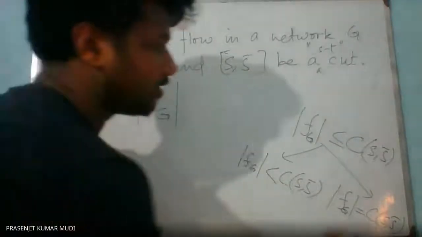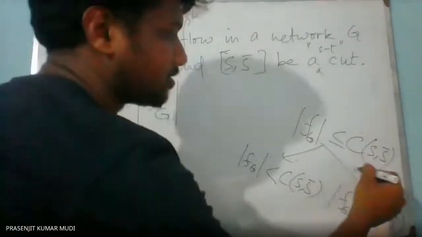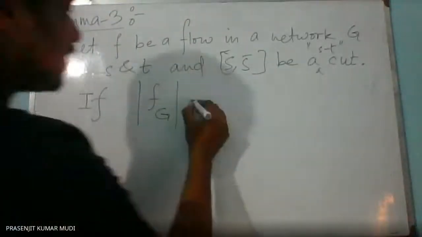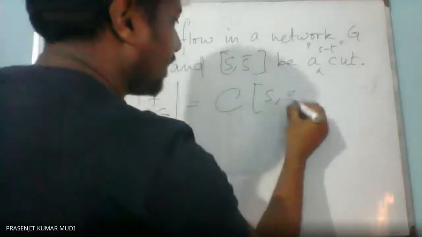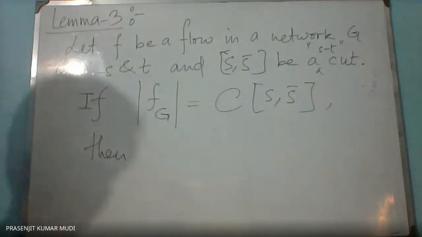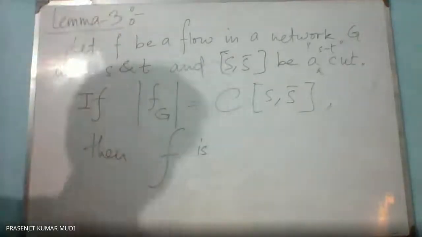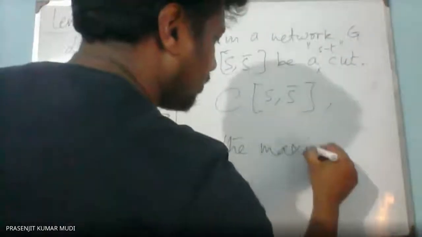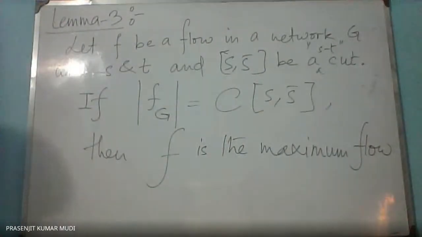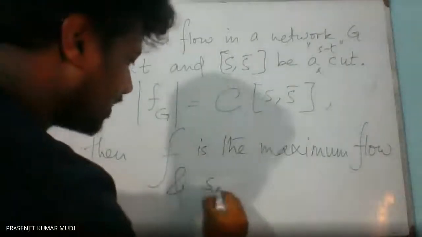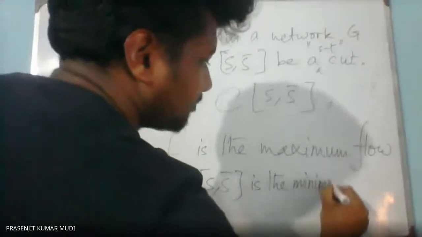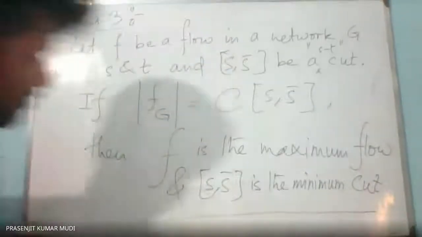But if F of G equals C of (S, S bar), then lemma 3 says that F is the maximum flow, and (S, S bar) is the minimum cut. This is lemma 3.